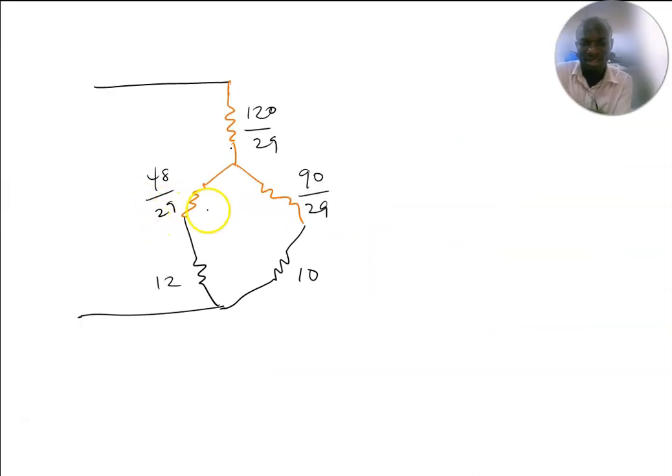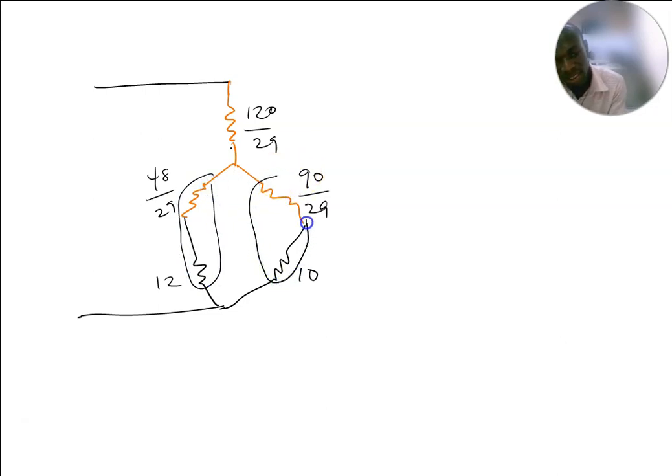Now that we've converted, these two are in series, and these two are also in series. You get it? So we can add them. And how do we add them? It's going to be 48 on 29 plus 12.